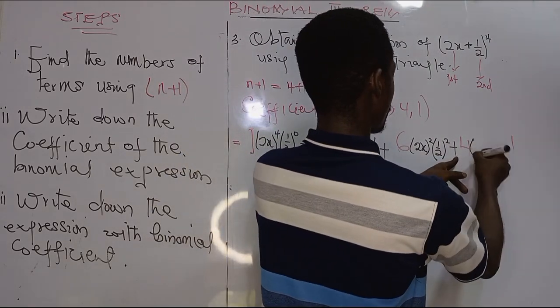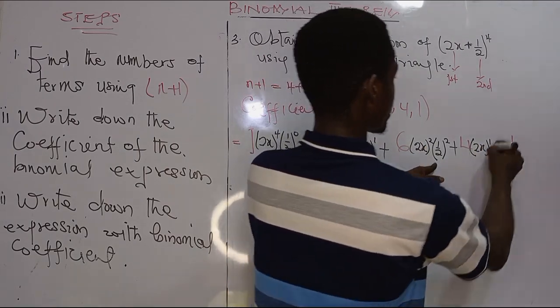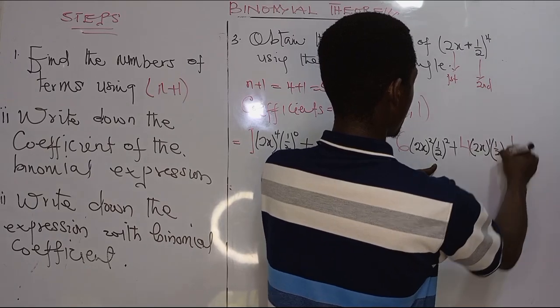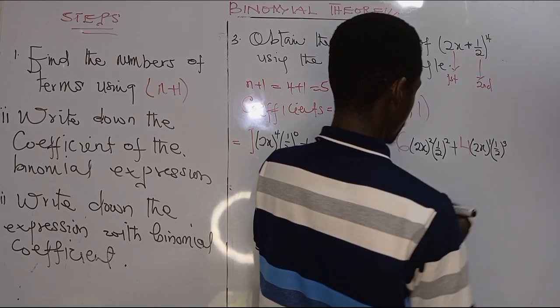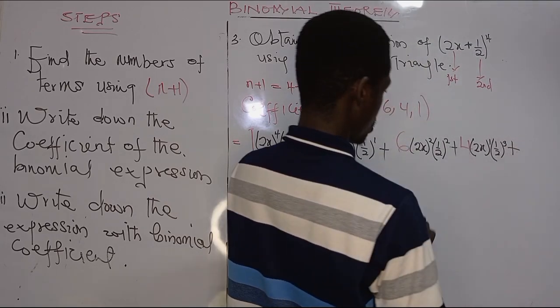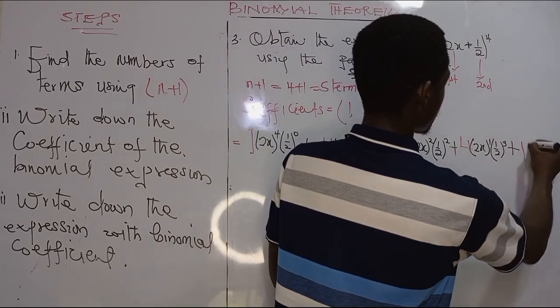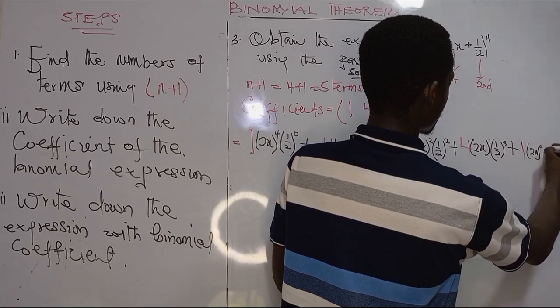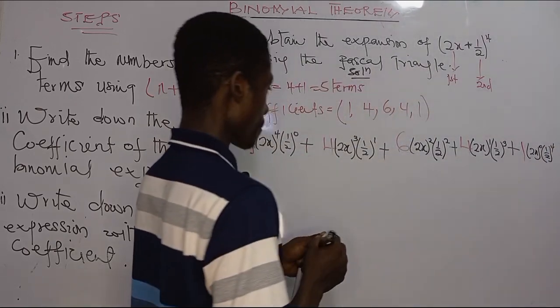Then the first term power, which is 2, decreases to 1, whilst the second term power increases to 3. Then we have our plus. So the first term power decreases to 0, and then the second term power increases to 4.